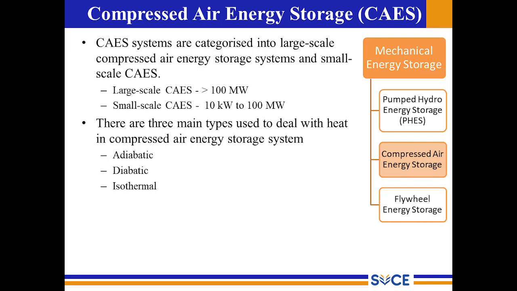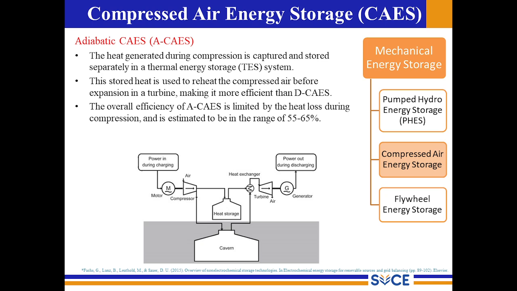In the adiabatic system, as the name suggests, you store the heat in phase change materials, for example. So here we see the use of thermal energy storage in mechanical energy storage as well.